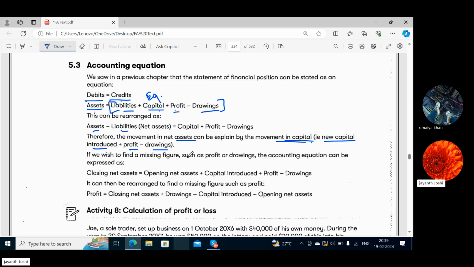If we wish to find a missing figure, such as profit or drawings, the equation will be closing net assets is equal to opening net assets plus capital introduced plus profit minus drawings. Or suppose profit is to be found: profit is closing net assets, just opposite, plus drawings minus capital introduced minus opening net assets.